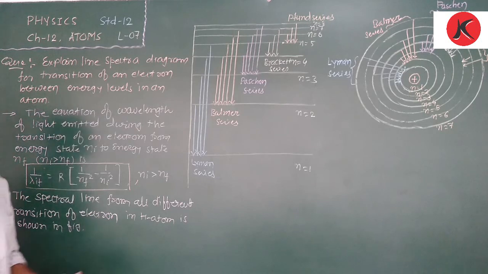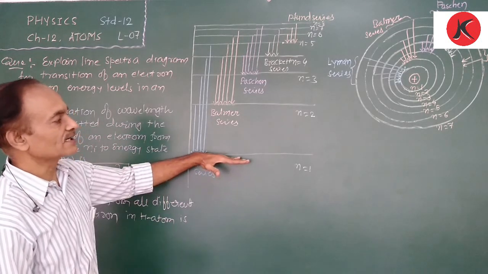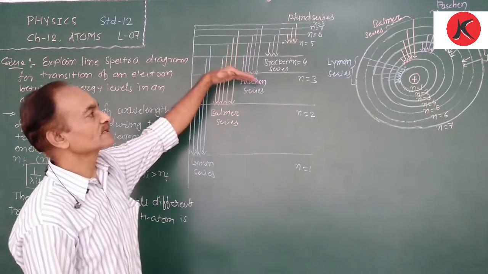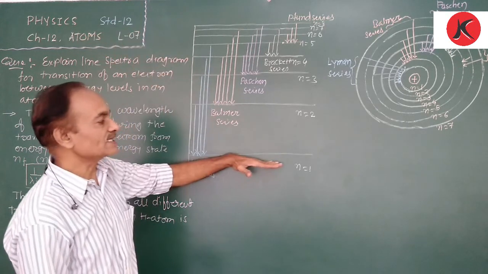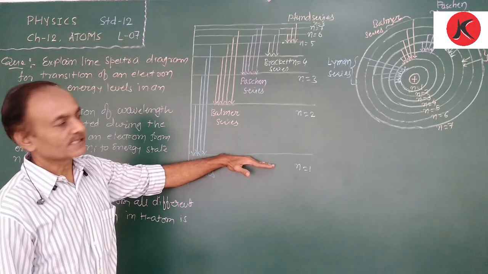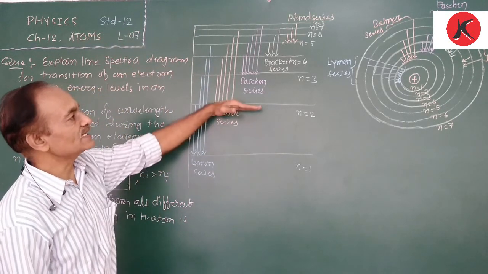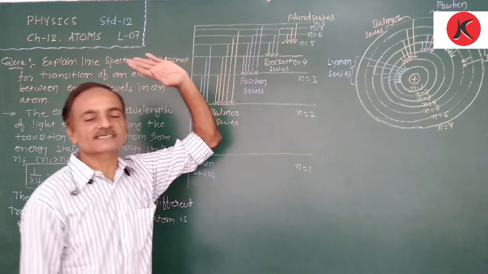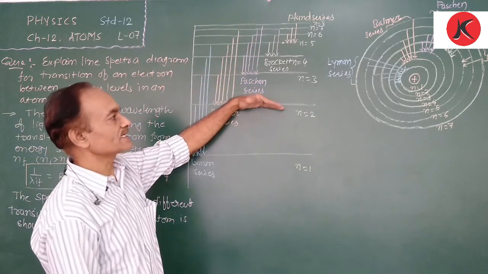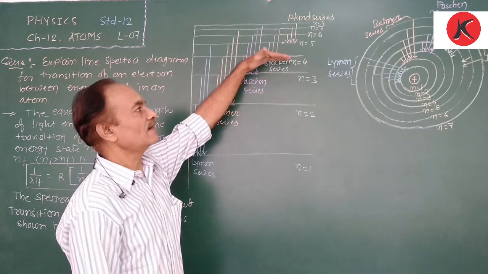So there are the energy levels, n equal to 1, n equal to 2, 3, 4, and so on. There is the ground state, and these are the excited states we already discussed: the first excited state, second excited, third excited.